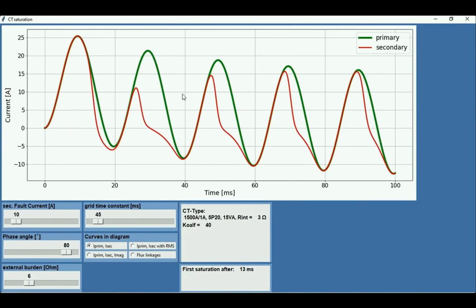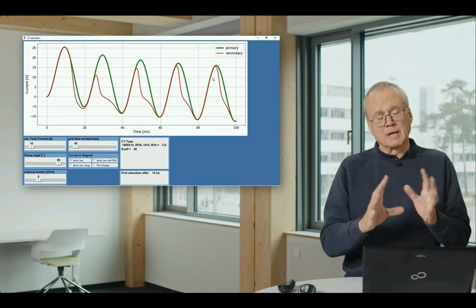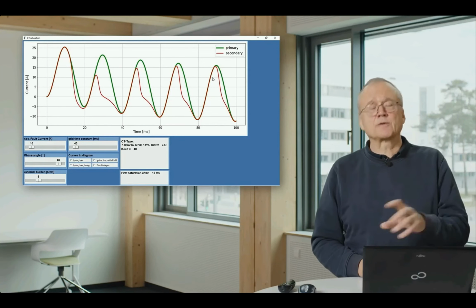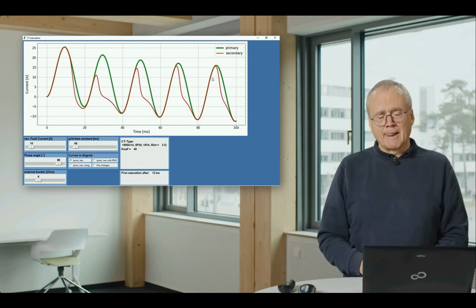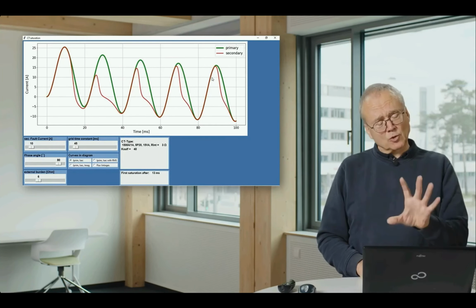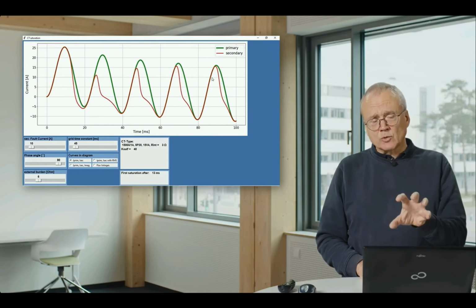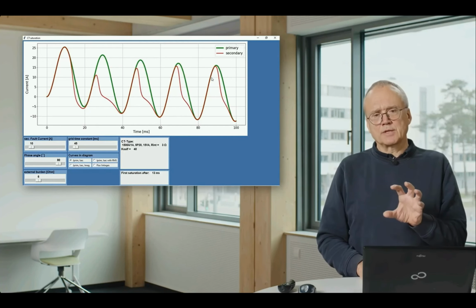That means we have a few half periods with significant saturation, and then it disappears again. So there it's a bit worse than in a cable system, and especially in transmission systems, time delays resulting from such a thing are not good, so they have to be avoided. So we have to look at saturation stimulated by DC components a bit more.